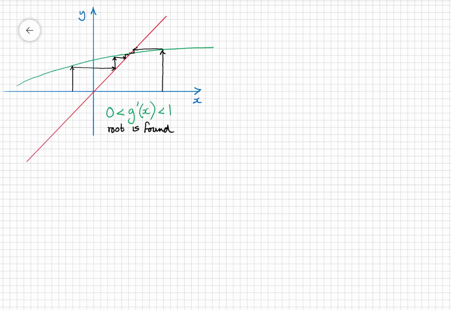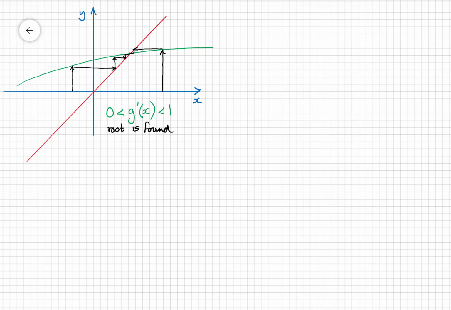And so finally, to summarize, if the gradient of your curve is positive but less than 1, that would be shown by this first graph, the green curve and the red line representing y is equal to x.